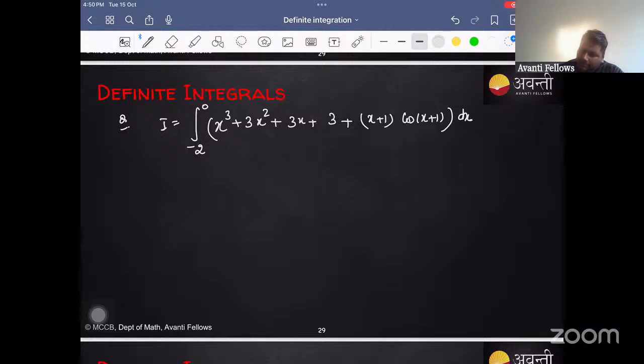Options are A, minus 4, B, 0, C, 4, and D is 6. Yes, find it and mark your correct answer.